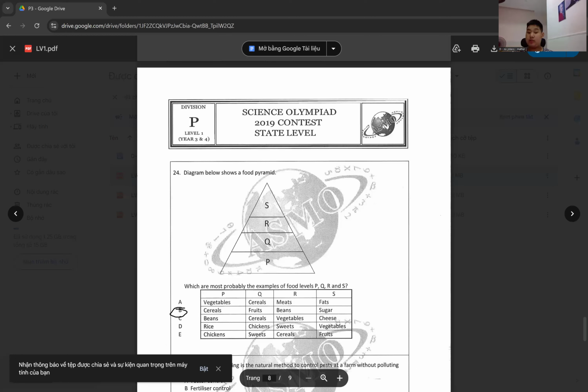Cereals are a really good source of food, of making you full. You need that. Fruits are a really good replacement for vegetables. However, the FDA recommends eating, I remember, more fruits and vegetables.